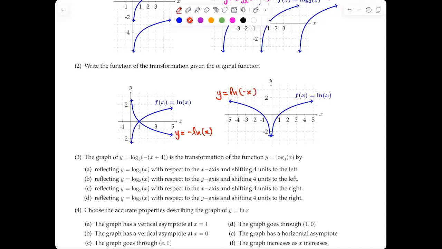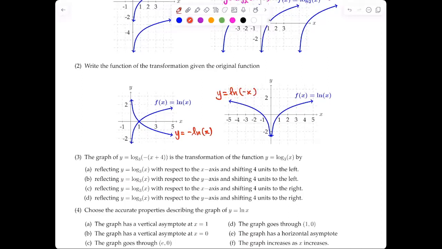Now number 3. You have two transformations here, given the original function that is log of base 3 of x. You have one transformation where you move it to the left by 4 units. Okay. And you reflect it with respect to the y-axis.